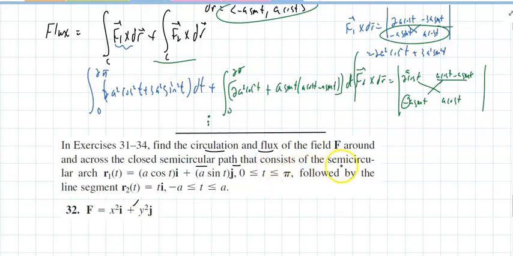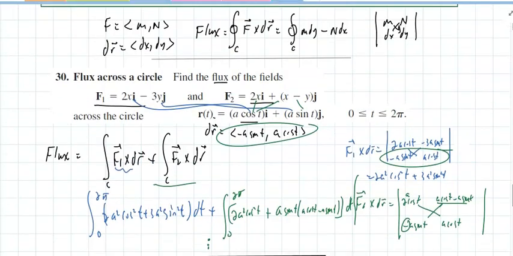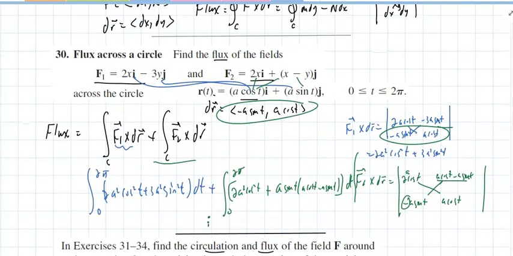Closed semicircle consisting of the semicircle followed by a line segment. Followed. These were not connected. No. Okay, here, my mistake. I'm sorry. Those are two separate problems. I didn't pay attention at all. I thought they were followed. So this is a problem by itself.